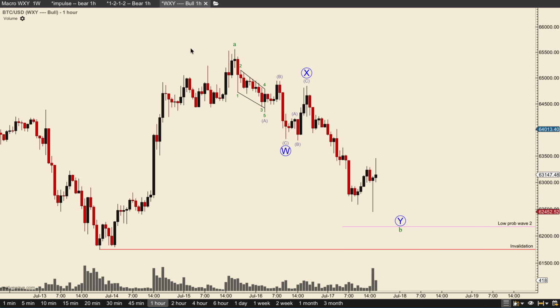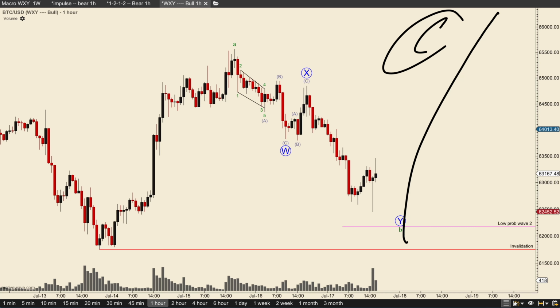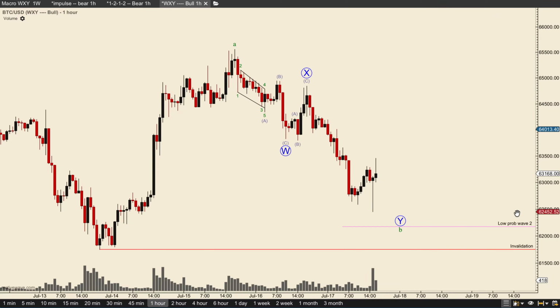So that is something to take into consideration, because if we move down here and then move up in an impulse, that impulse has a much higher probability of being a wave C than a wave 3, because of us then taking out this low probability wave 2. That was a long explanation, but I hope you understood my point.